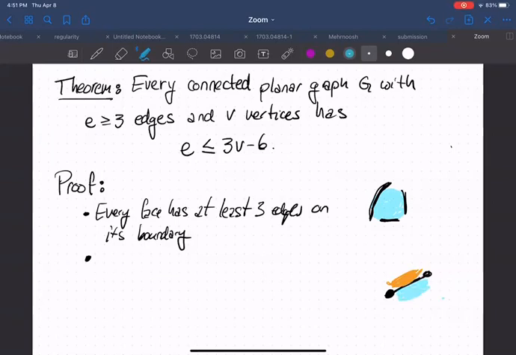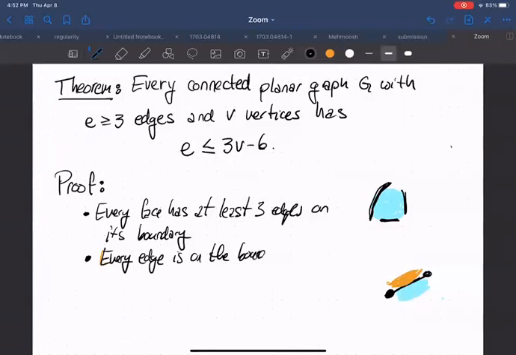Sometimes those are actually the same face, but it's at most 2. Okay, so every edge is on the boundary of at most 2 faces.